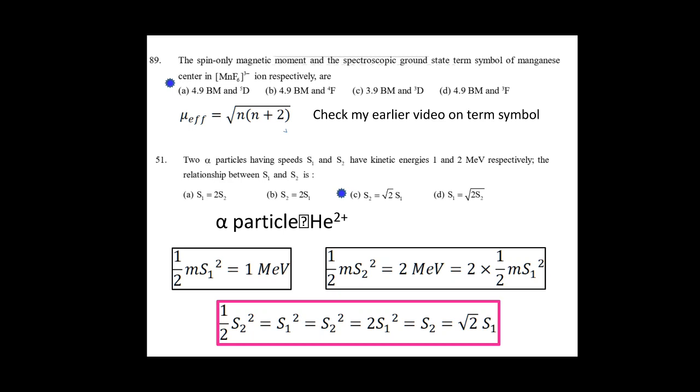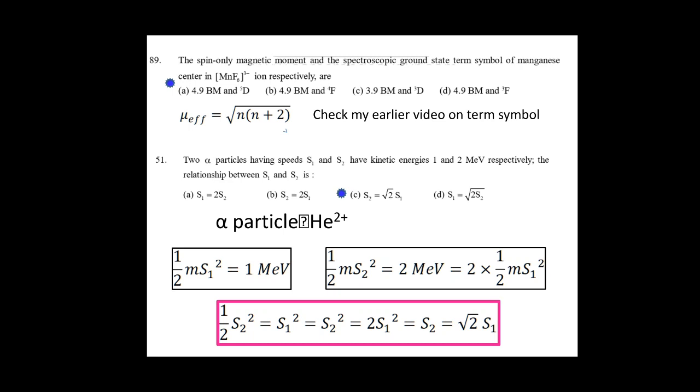Finally you will end up with s2 equal to root over 2 s1. The important thing to remember is that you are using the same particle, so the mass is constant, there is no change in the mass. So finally you get s2 equal to root over 2 times s1, and the answer is C.